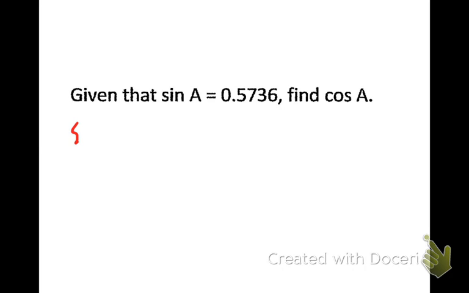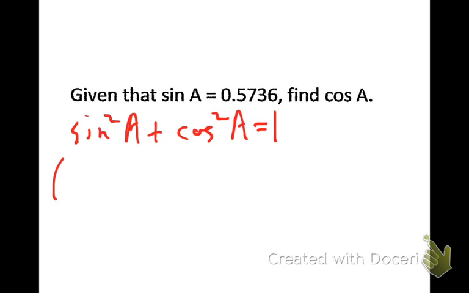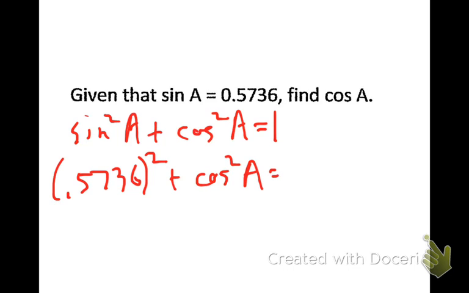So that's going to be 0.5736 squared plus the cosine squared of A equals 1.